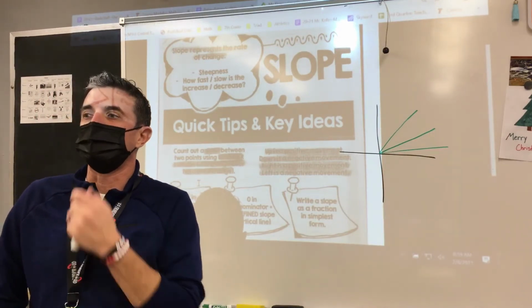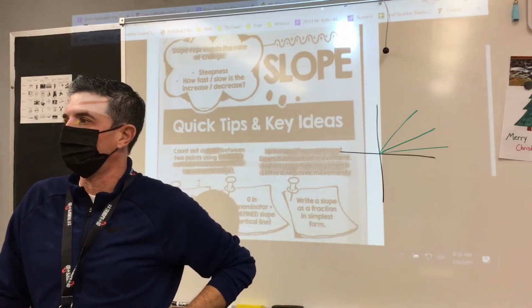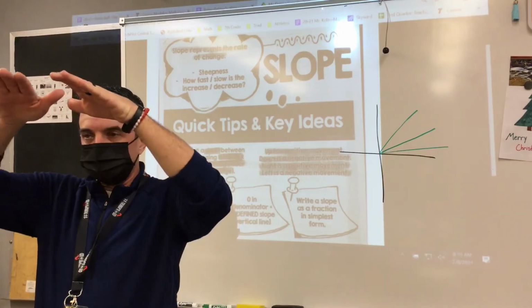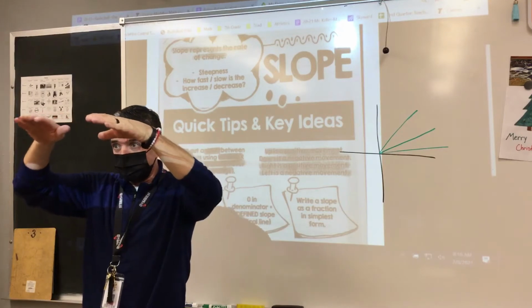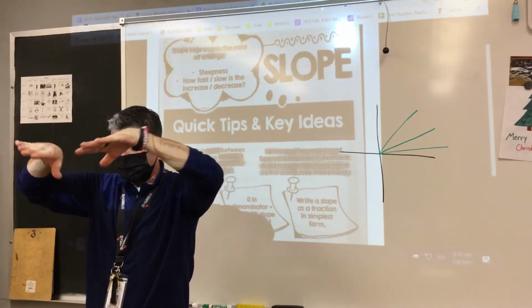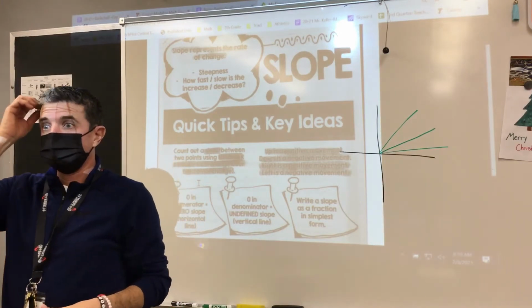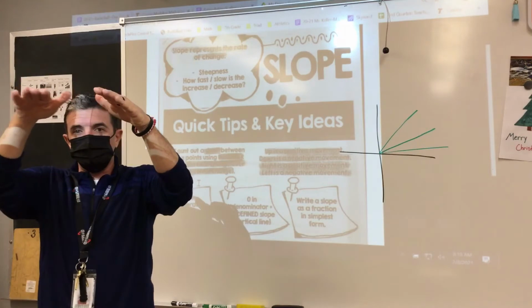How about the slope of a road? The slope crowns off a road. Why does the road slope this way instead of this way? Because whenever it rains, you want the water to run off this way.